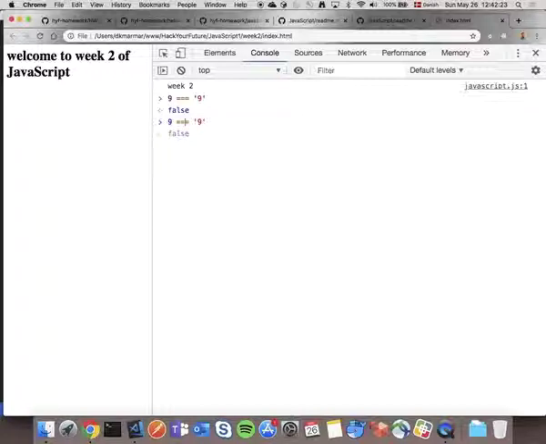And then of course, equal is always to ask, is this one equal to that one? But sometimes you also want to ask if it's different. And different is exclamation mark equal.